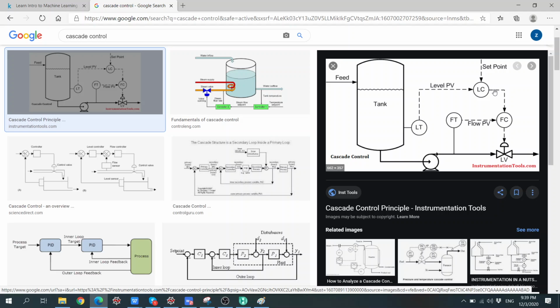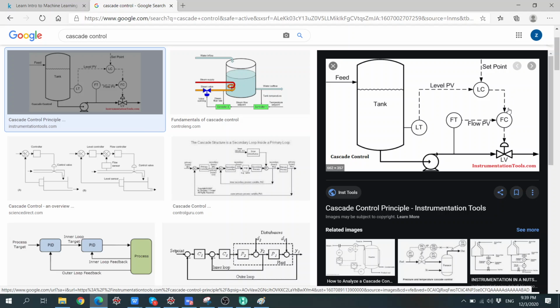So this error is going to be sent to the flow controller. It will then say, with this error, you need to increase or reduce some amount of flow rate. So that becomes the set point to this flow control valve.